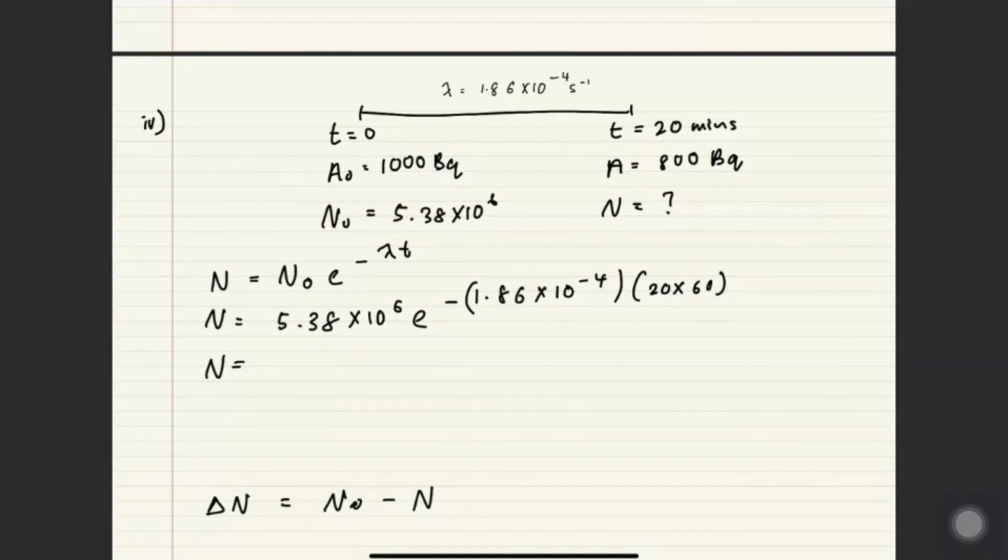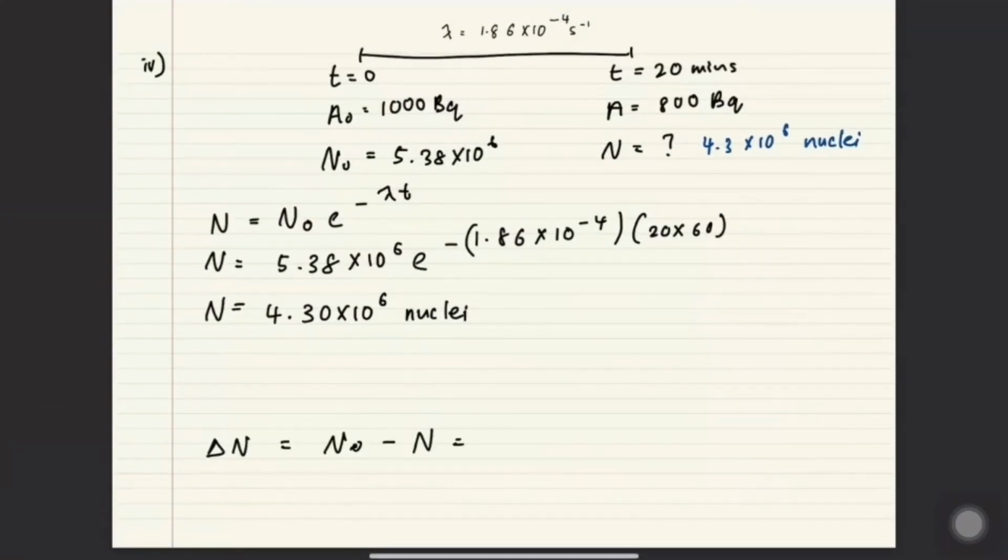So here I got 4.3 times 10 to the power of 6 nuclei. Okay, so now I can find the difference, berapa banyak yang dah berkurang, by minus 5.38 minus 4.3 times 10 to the power of 6. So you get 1.08. So 1.08 ni amount of nuclei yang dah berkurang.